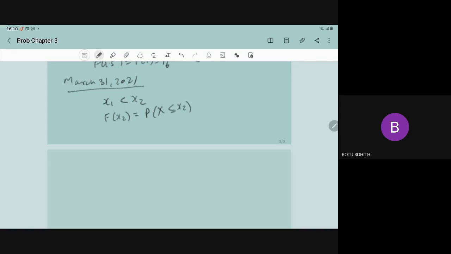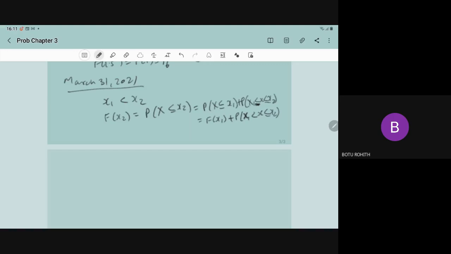This can be written as the probability X ≤ x1 plus the probability from x1 to x2. So this becomes F(x1) plus the probability of x1 < X ≤ x2.